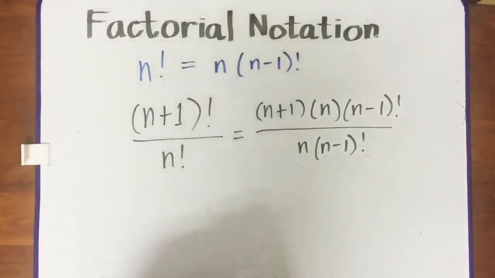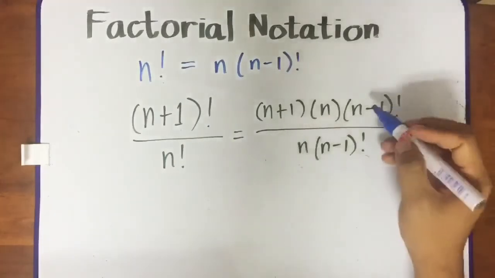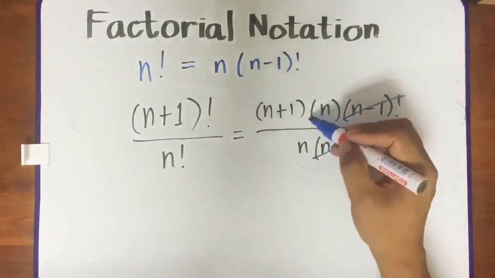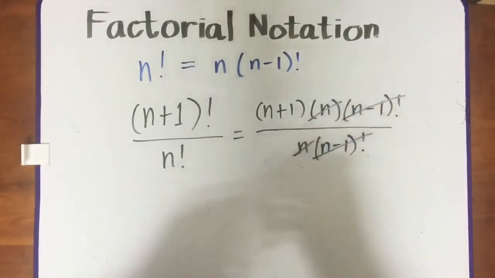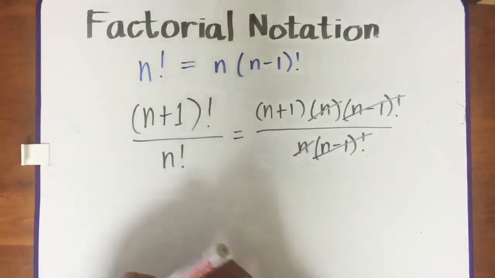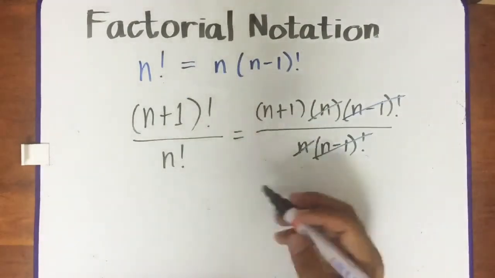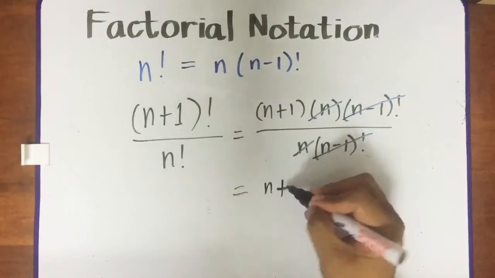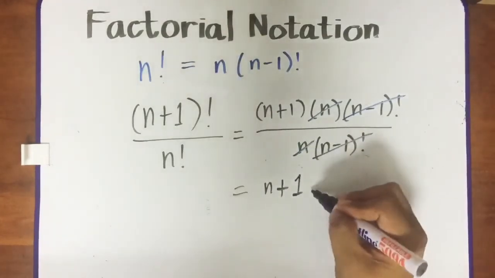If you notice, I can cancel out two things. I have n minus 1 factorial, cancel it out. I can also cancel out n, which means the value of n plus 1 factorial divided by n factorial will be n plus 1.